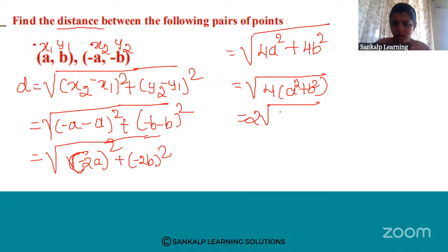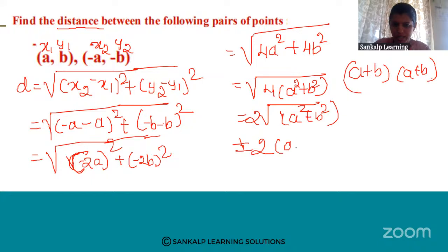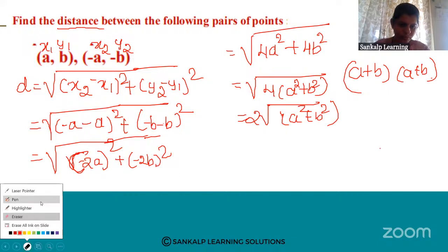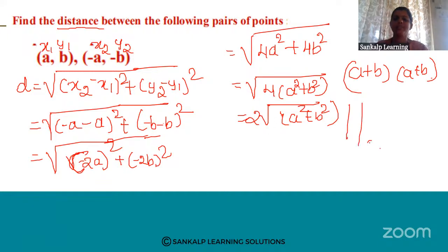So this is 2 into the square root of a square plus b square. This is the answer. Unit.